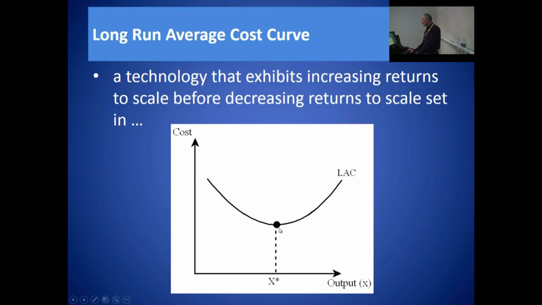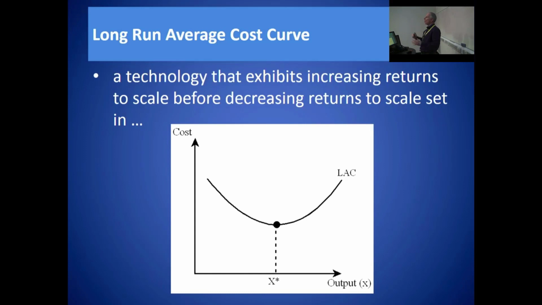However, it then comes to a point where firms become unwieldy because of their size, with diminishing or decreasing returns to scale setting in. Increased bureaucracy, inefficiency, call it what you want, but firms suffer for their size, and it forces long run average cost up.